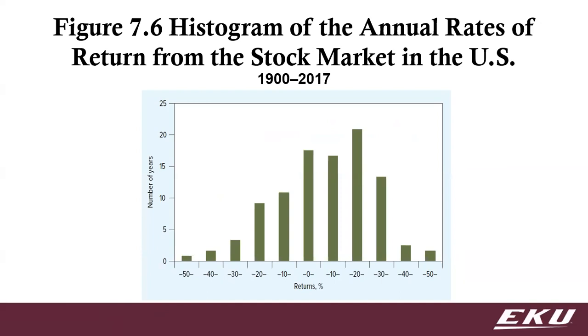And this is a histogram of returns, so you can kind of get a sense for what they look like. There are returns that are extremely negative. There are returns that are highly positive. You notice it's skewed slightly positive because we are growing over time. But the number of years with very low returns is significant as well.